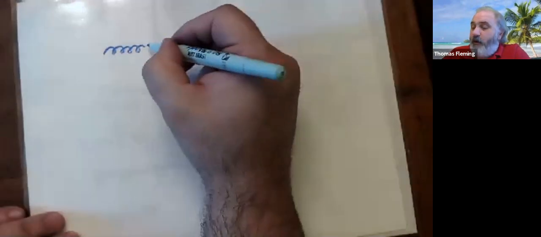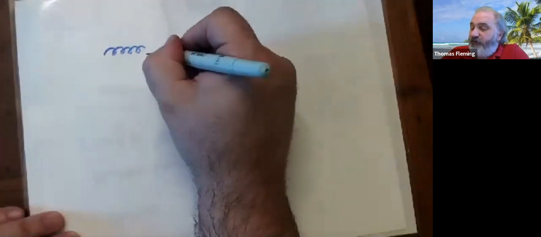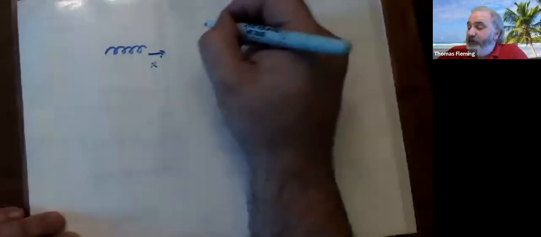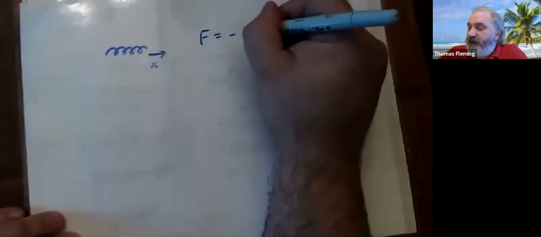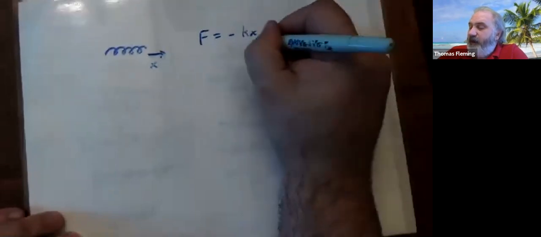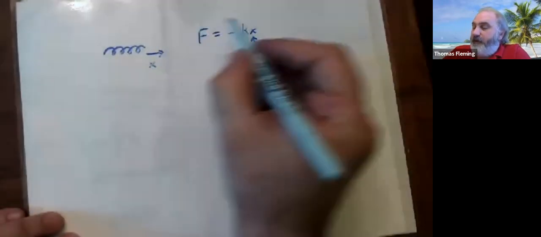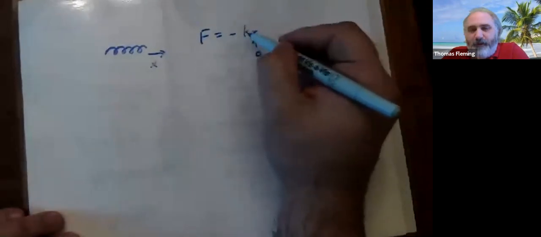So right now, it's not exerting any force at all. And so when I stretch it some tiny little distance to the right, the force that it's exerting is negative kx, except at first x is 0, right? And by the time I'm done, x is a tiny little bit more than that. The force never gets very big.